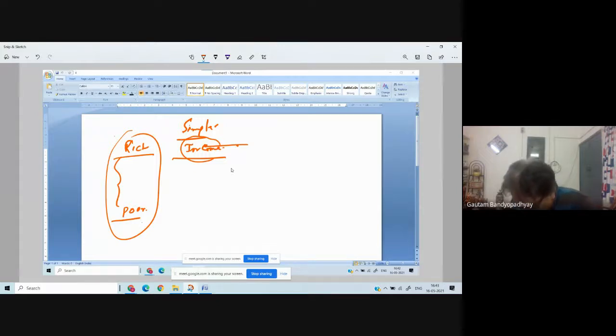Suppose income is high, they are called rich. Income is low, they are called poor. When you say high, definitely there is some measurement, some benchmark, for which income you say they are the high income group and for which income the low income group.